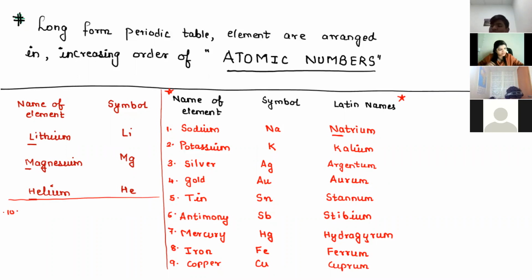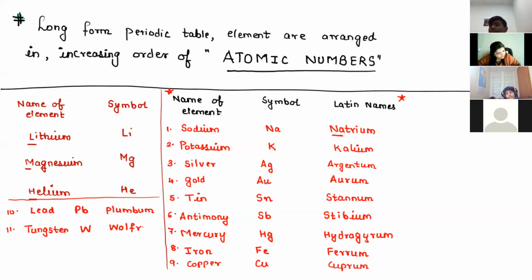The 10th one, lead, Pb, plumbum. And the 11th one, the last one, tungsten, which is symbolized as W, and the Latin name is wolfram.